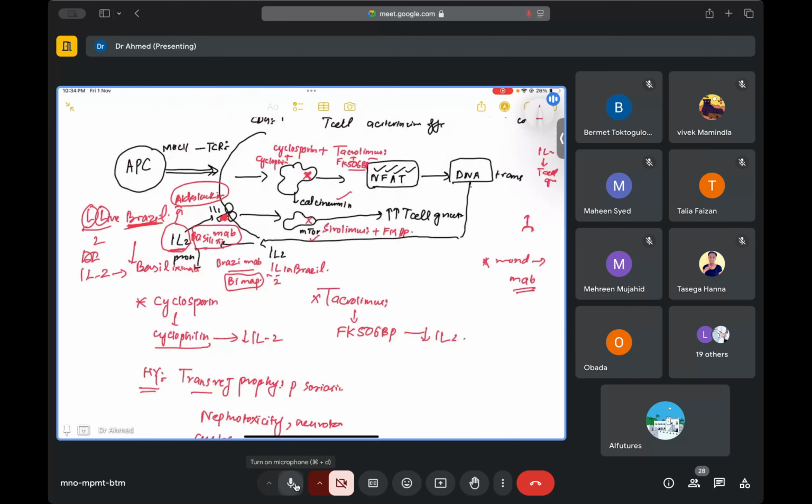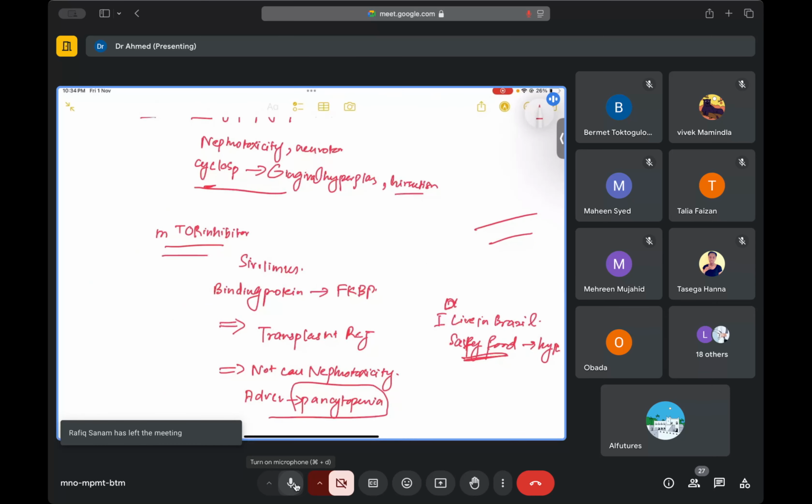I can give them recombinant IL2, because the function of IL2 is to increase T cell growth. The recombinant form of IL-2 is aldesleukin, and aldesleukin can be given in renal cell carcinoma and metastatic melanoma, right?